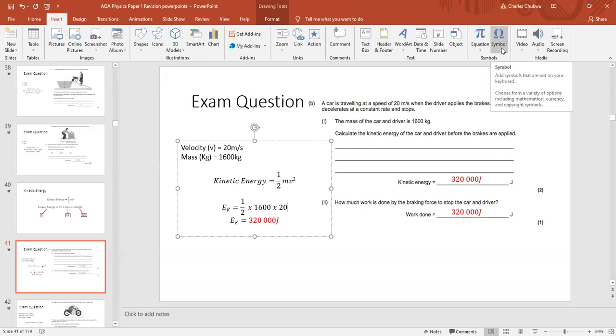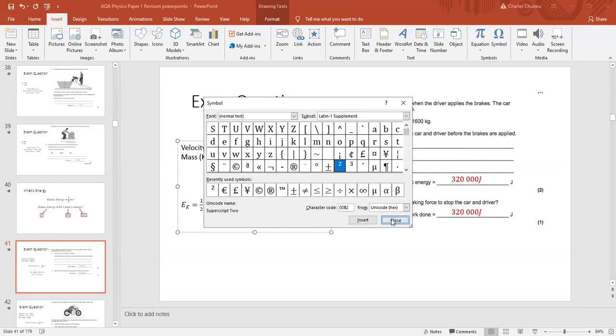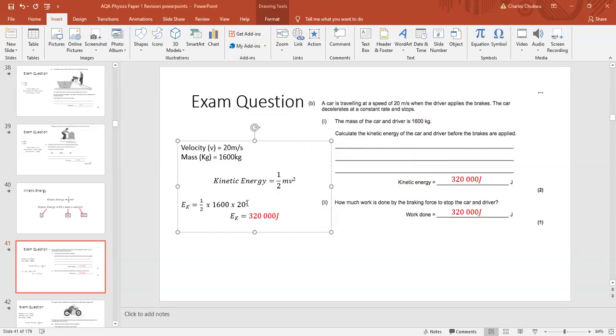Let me just quickly tidy this up. Okay, that's it. So that's 20 squared. By the time you calculate this, this is what you get. It's correct now.